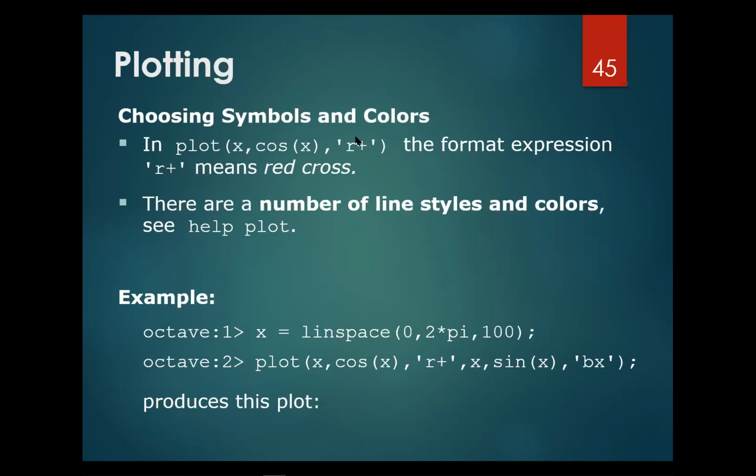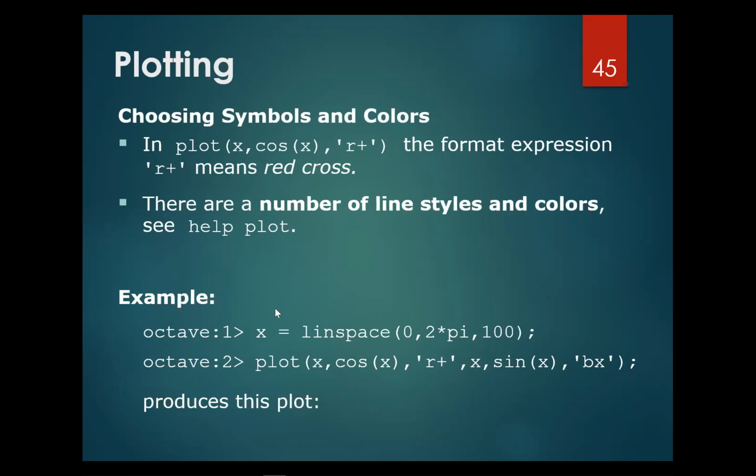So for instance, if you want a red plot, and instead of being a smooth line, the plot should use the plus symbol, then you make it 'r+'. Remember to put it in single quotes. So that will make it a red cross graph.